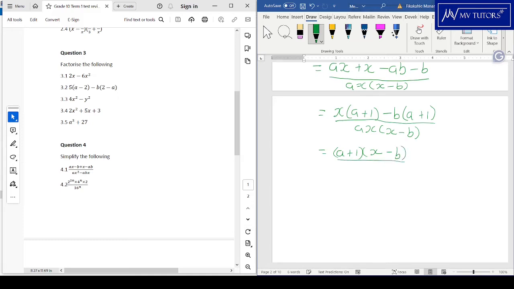And this is all divided by ax to the bracket x minus b. Now look at this. This x minus b cancels that x minus b, such that I am left with a plus 1 over ax. This is simplified now. I'm happy. And it stays there because I can't simplify any further. Okay.